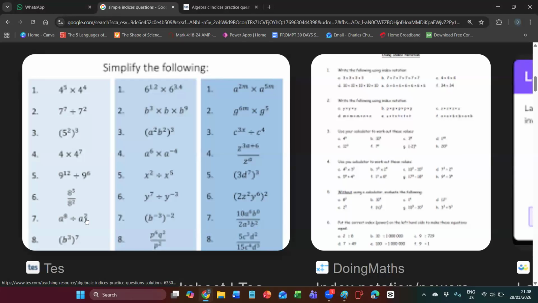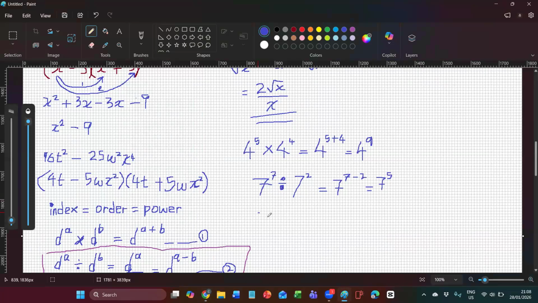All right. So let's do that one that says x squared. That's number 5 in the middle section. x raised to the power of 2 divided by x raised to the power of 5. Let's do that one. I'm sure you can equally see how that one is going to play out.